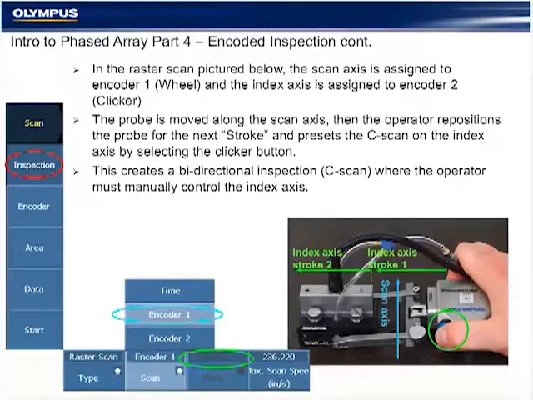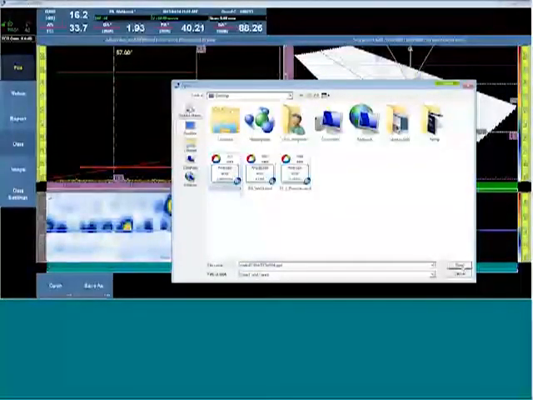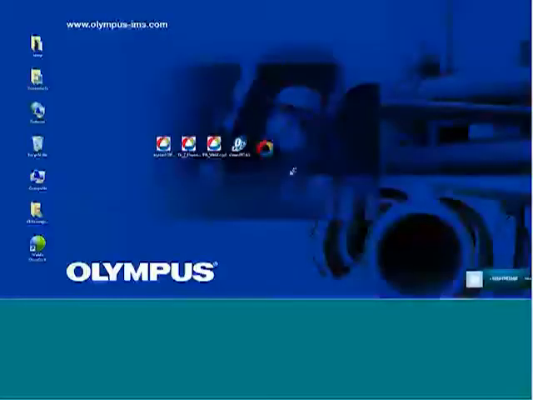Taking a quick look at that, we're going to switch to a corrosion file. We will switch the layout to the ASME layout.